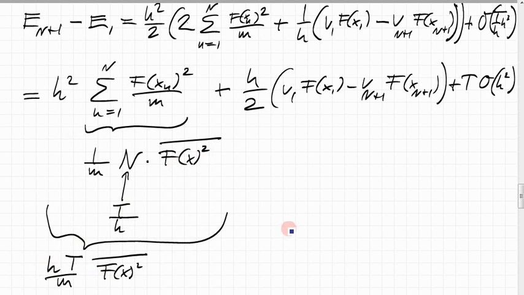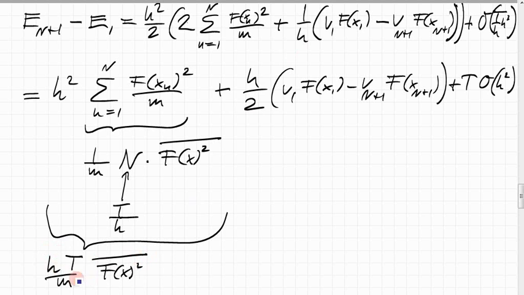So what do we get? Where does the growth, the artificial growth, come from? It's that first term. The square of the force is never negative. Typically it's positive. And you multiply by a positive number. This is a positive number. And the contribution of this number is proportional to the step size. If you double the step size, this error will be doubled.